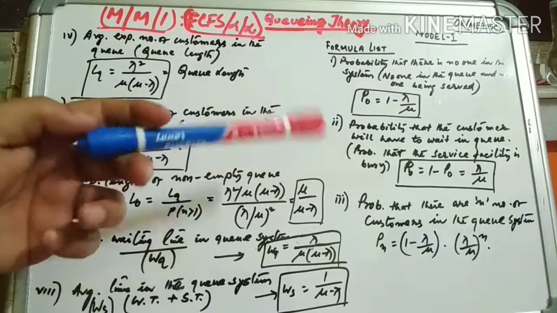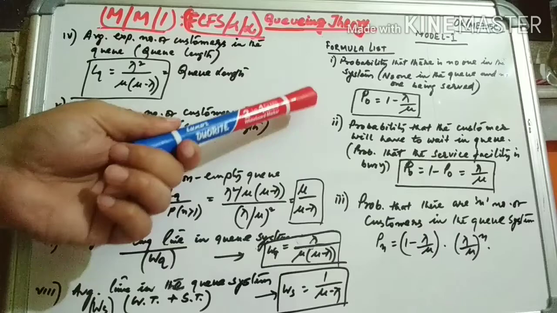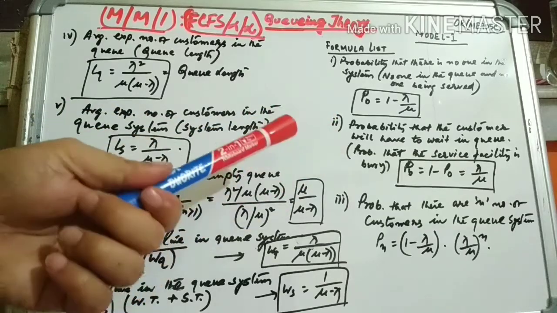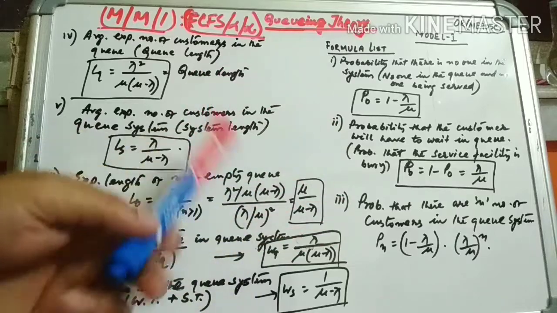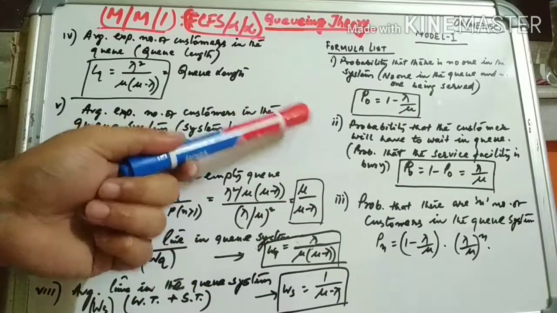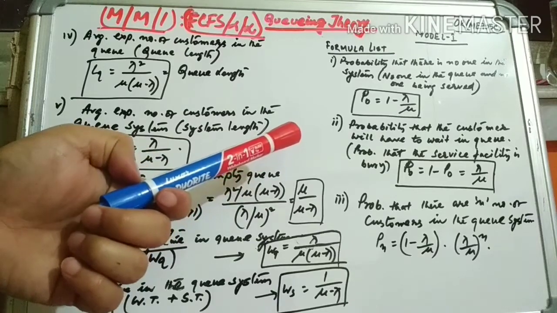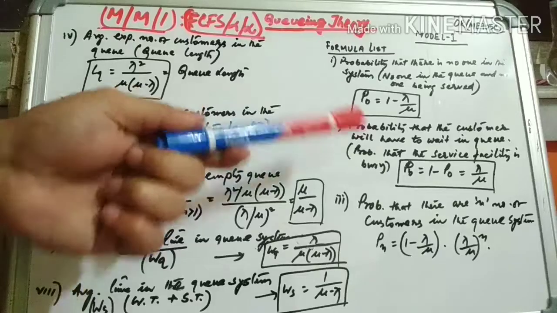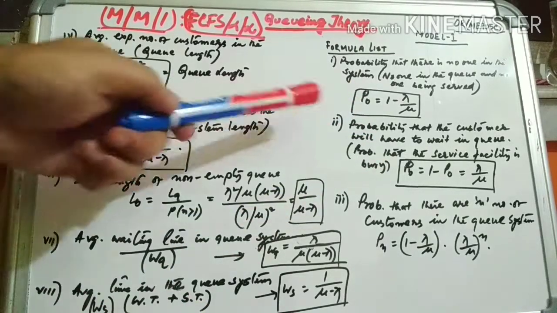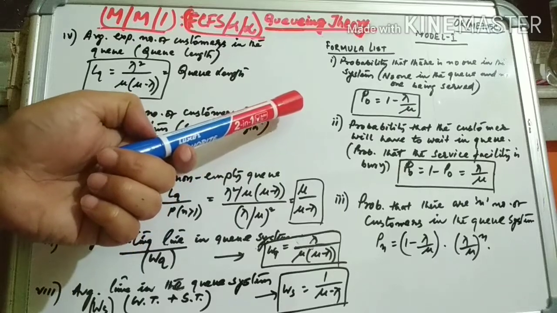They are going to directly ask questions based on numericals only, where you have to apply these formulas directly to get solutions. So I think it is better to memorize these formulas. You need not worry about the memorization process, because, as you can see, these formulas are very short, and you can easily remember them after solving one or two numericals.